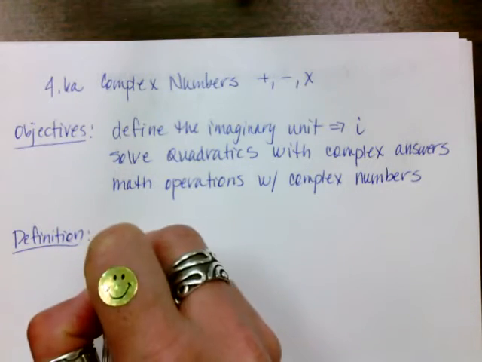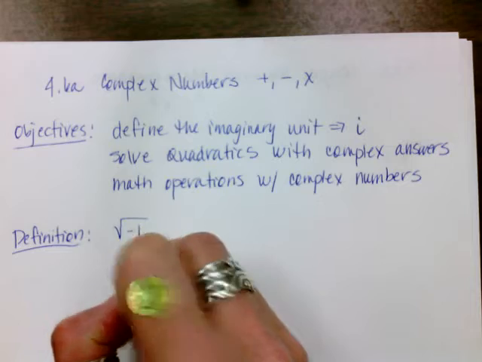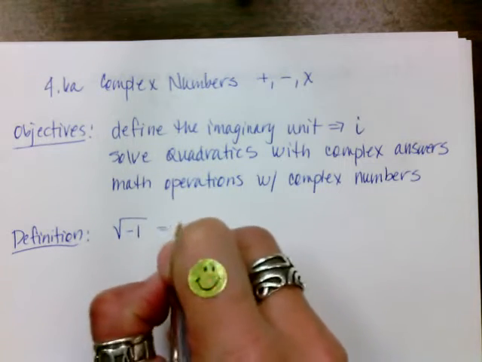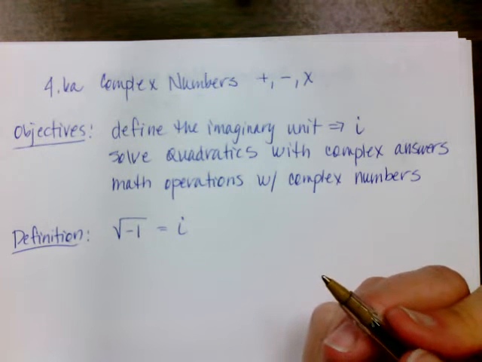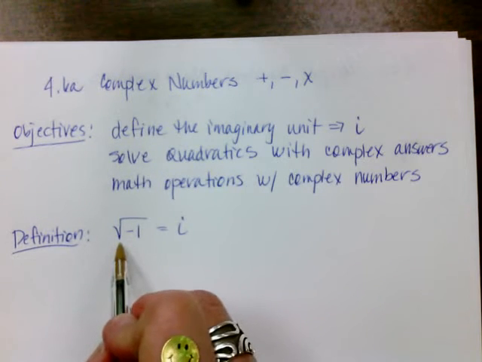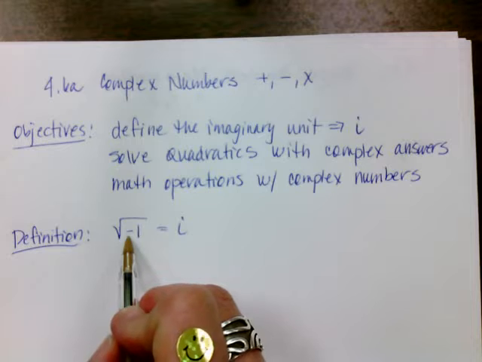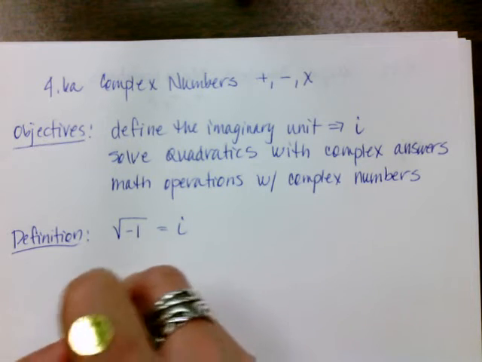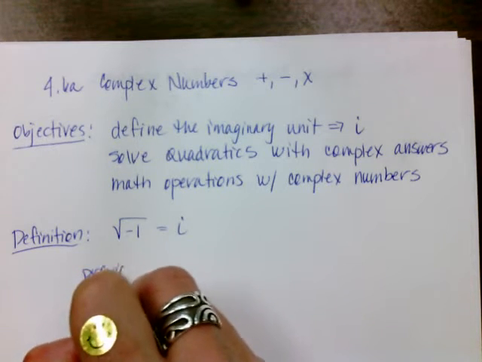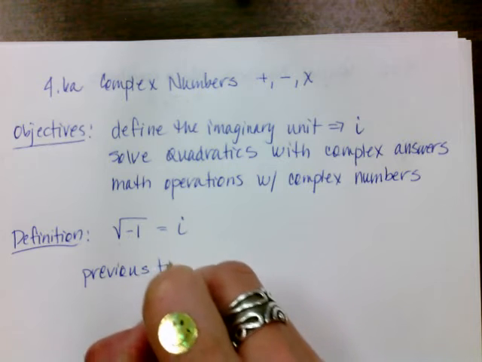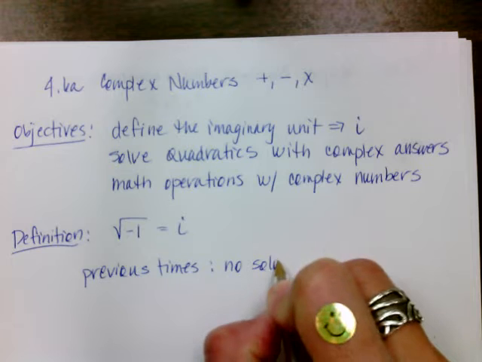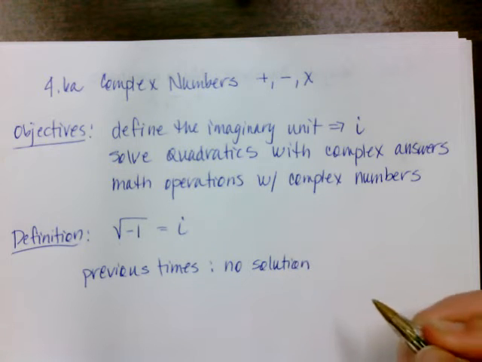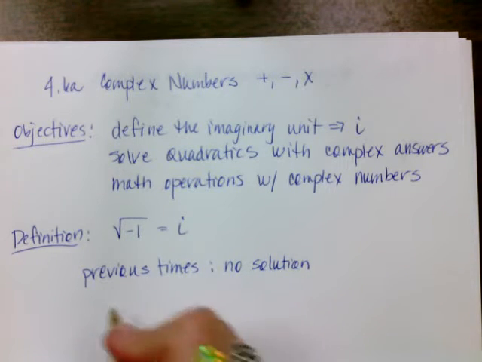All right, so our first definition is going to be that the square root of -1 is equal to i. So in the past, when you would try to solve a radical and you got a negative under the radical, in previous years, you would have said no solution. But in fact, there really is a solution.